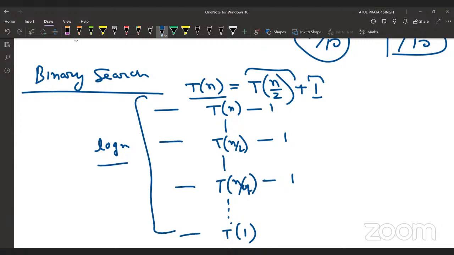At each level we perform one constant operation, so we can directly multiply this 1 by the total number of levels, so 1 into log n. The total complexity will become order of log n. So this is for binary search.